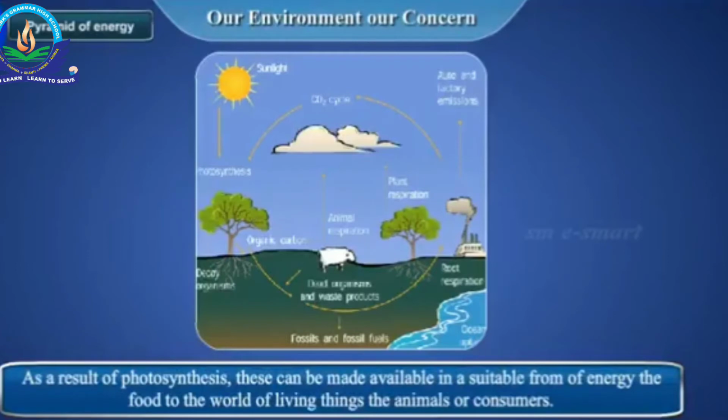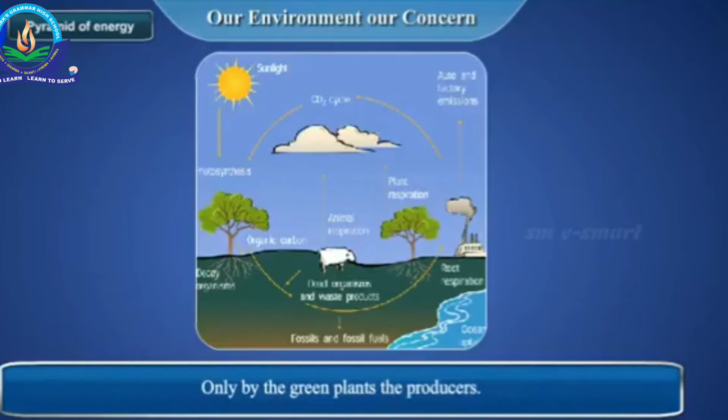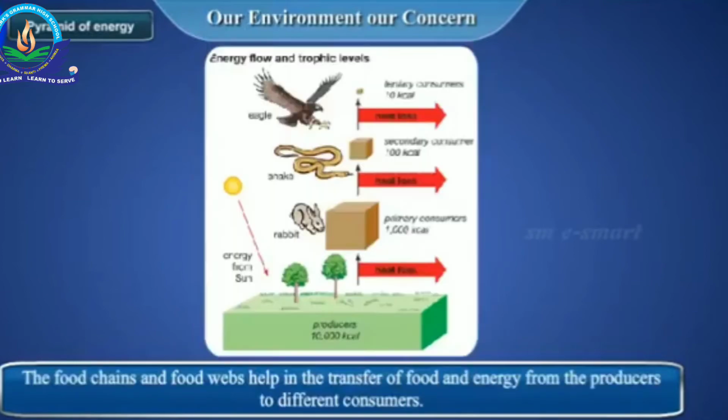As a result of photosynthesis, these can be made available in a suitable form of energy, the food, to the world of living things, the animals or consumers, only by the green plants, the producers. The food chains and food webs help in the transfer of food and energy from the producers to different consumers.